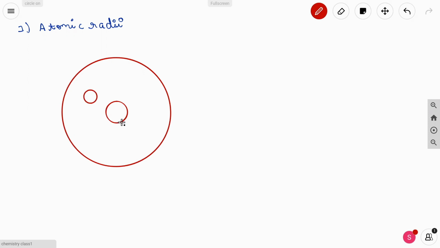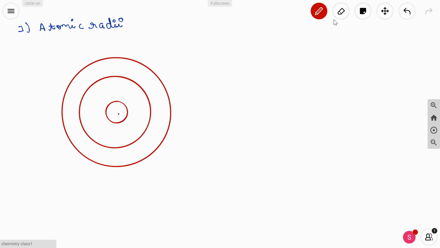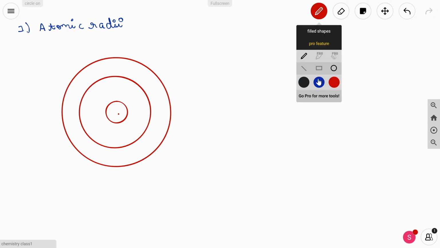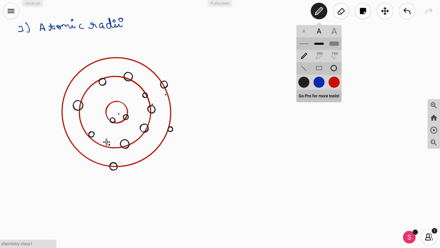Suppose this is an atom, and there are electrons on it. And then there's a nucleus, a very small nucleus. Rutherford's experiment showed that the nucleus is very small.